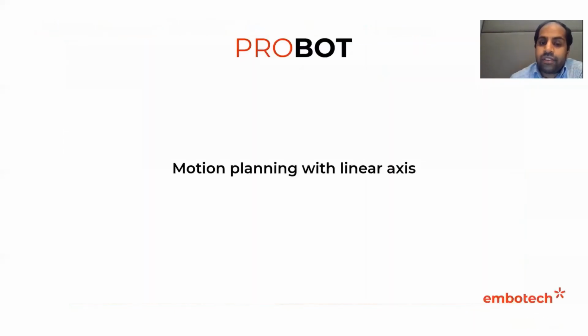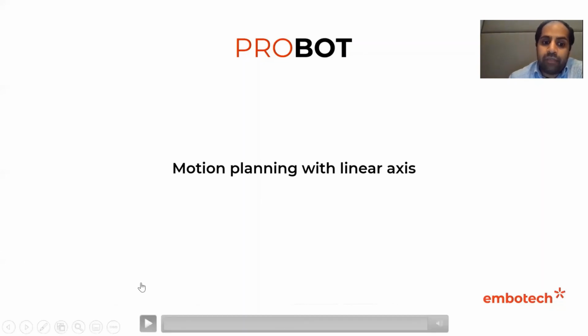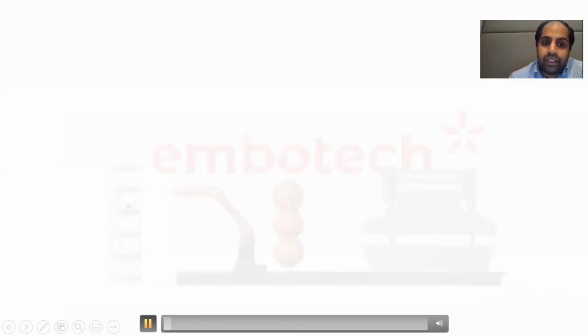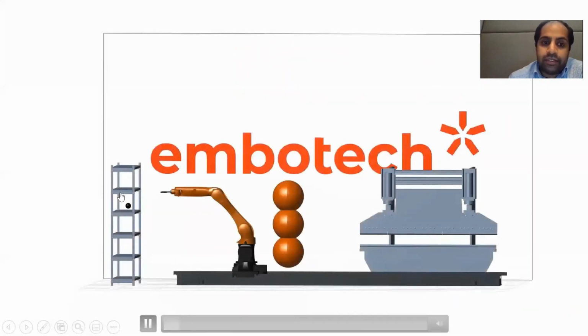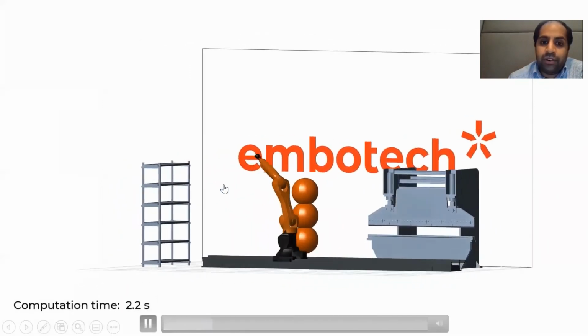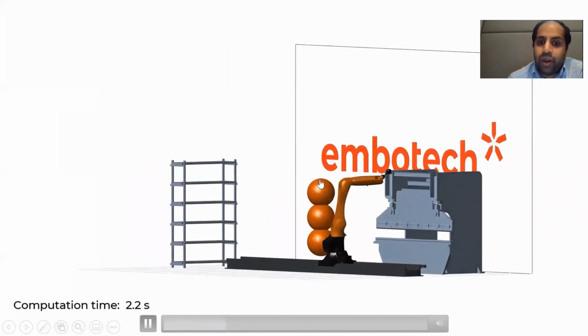Another very interesting topic is robotic motion planning. Also here again, as I said, it gets more and more flexible, and you want to be able to do the robotic motions more and more non-statically and in a more dynamic way. And let's look into one example, which is motion planning with a linear axis. So what we see here is we have a manufacturing process, and you have a shelf with something which you pick out, and on the way you have some obstacles.